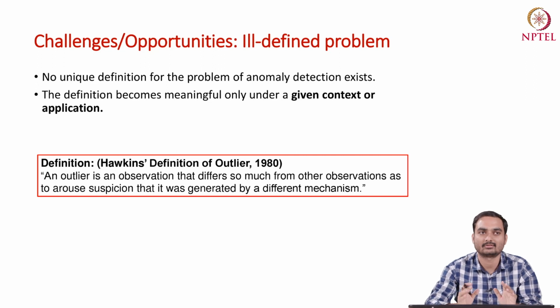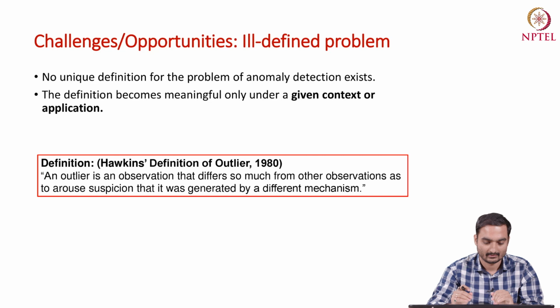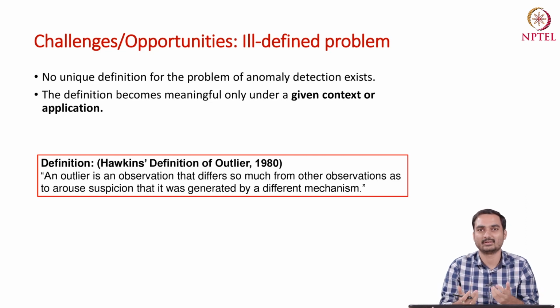Now let's look at the challenges and opportunities. The major challenge, or the major opportunity, lies in the definition itself. I mentioned in the chapter on community detection that the community detection problem itself is an ill-defined problem. It is not a well-defined problem because what a community is is not very clear.